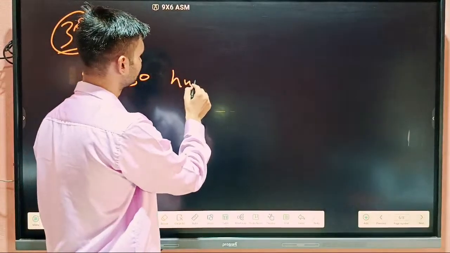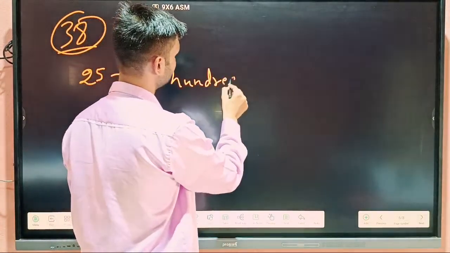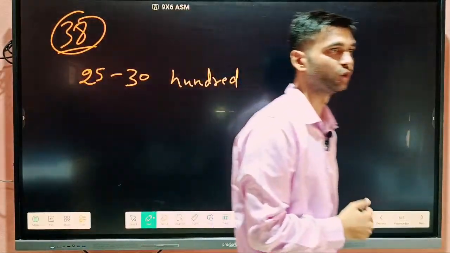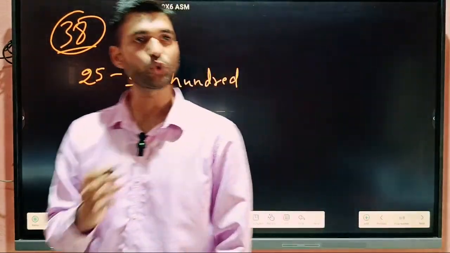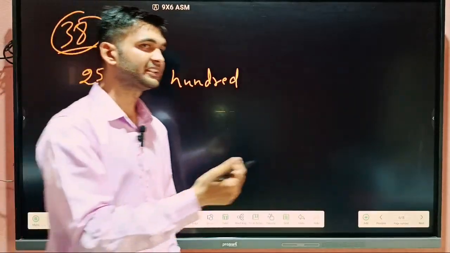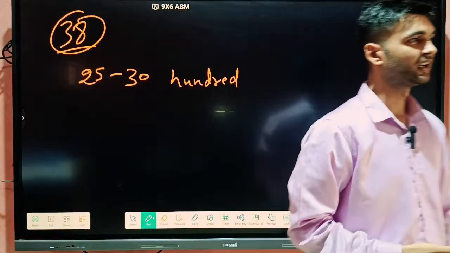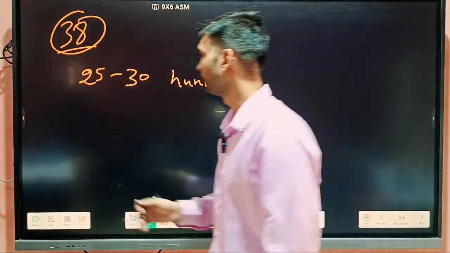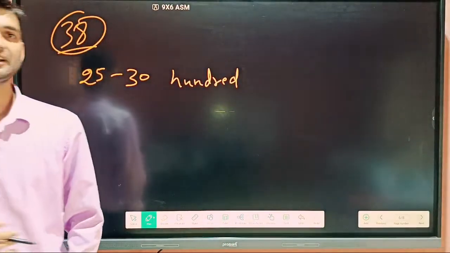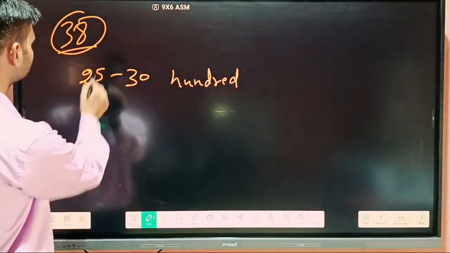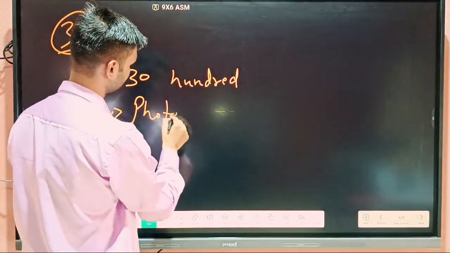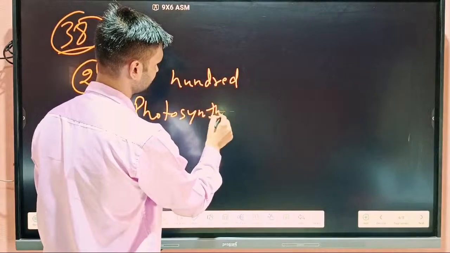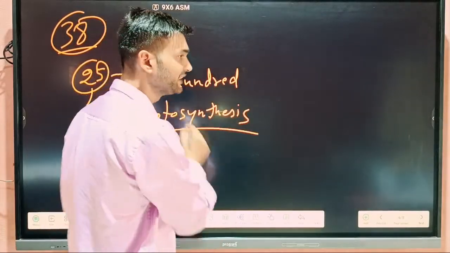Around 2,500 to 3,000 million years ago. So in the initial oceans, the concentration of CO2 was very high. But when the early plants, early vegetation occurred in oceans, after that photosynthesis took place.